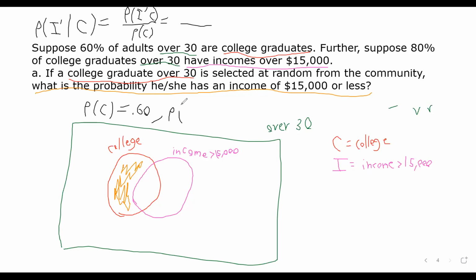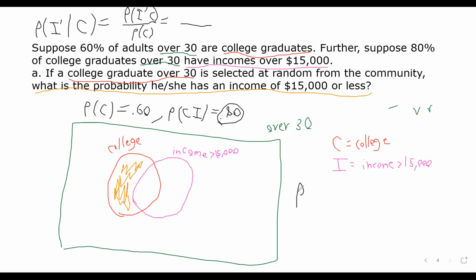That's telling you the probability of a college graduate over 30 having an income over 15,000, the probability of CI, is 0.80. So CI would be this region, the intersection.